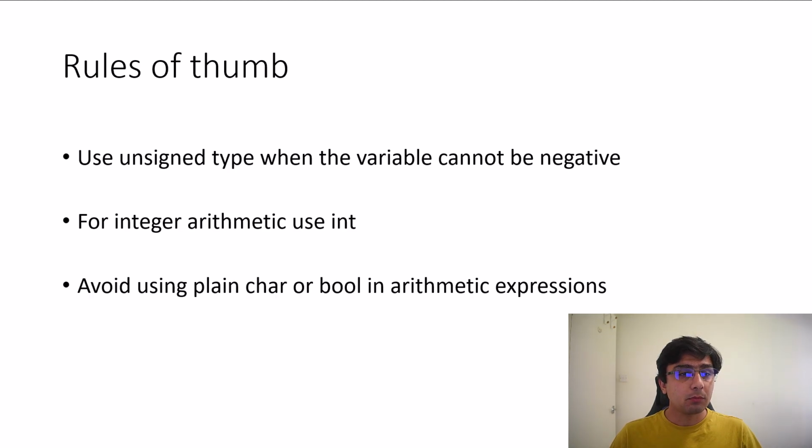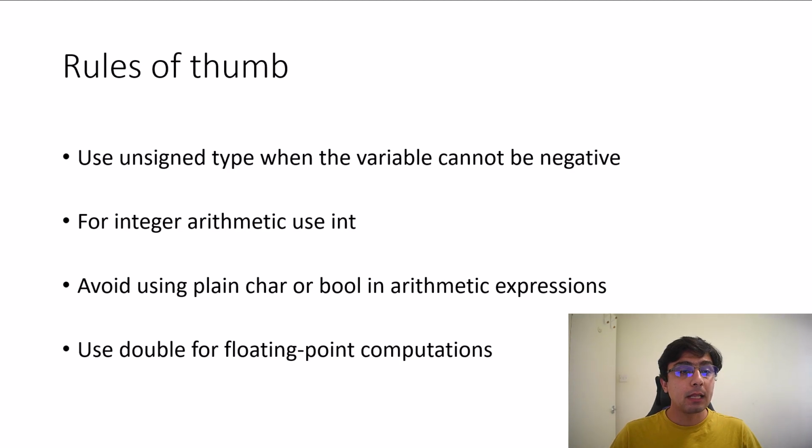And don't use plain char or bool in arithmetic expressions. Use them only to hold characters or truth values. Computations using char are especially problematic because char is signed on some machines and unsigned on others. If you need a tiny integer, explicitly specify either signed char or unsigned char.